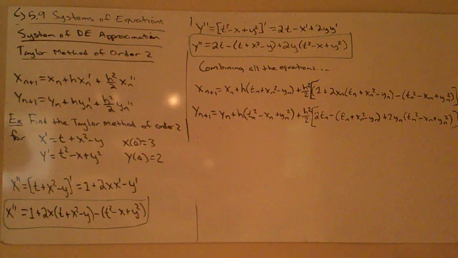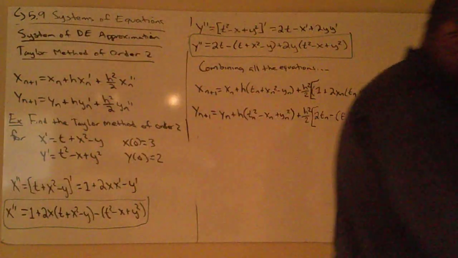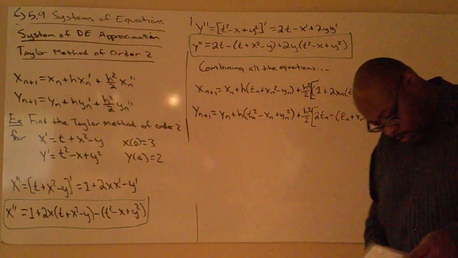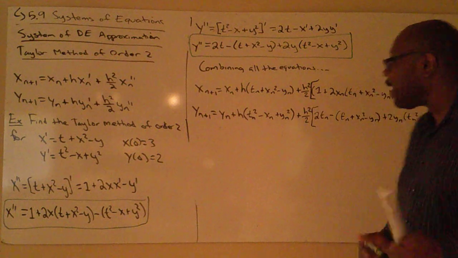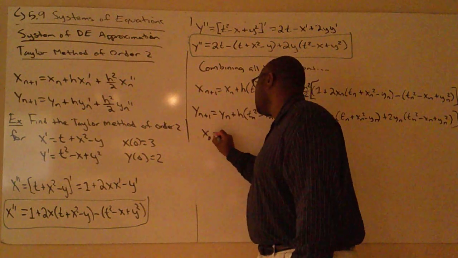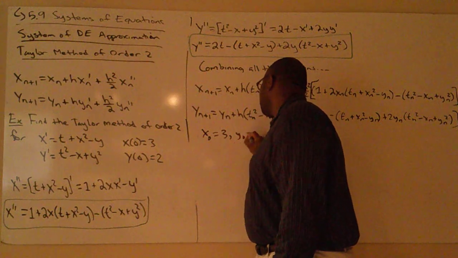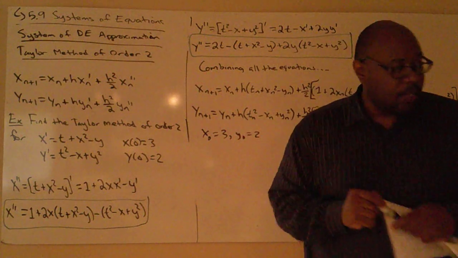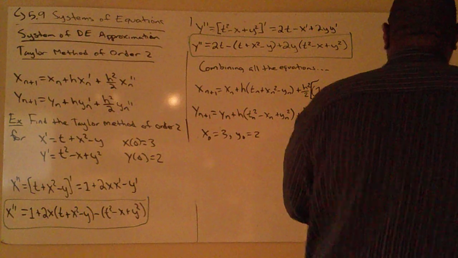So this will be a Taylor method of order 2. And do I actually have any values that I inputted for it? Oh, I forgot to put my initial conditions. Sorry. My initial conditions are x sub 0 is equal to 3, y sub 0 is equal to 2. Now it's complete. It's so complete that I'm going to put a box around it.